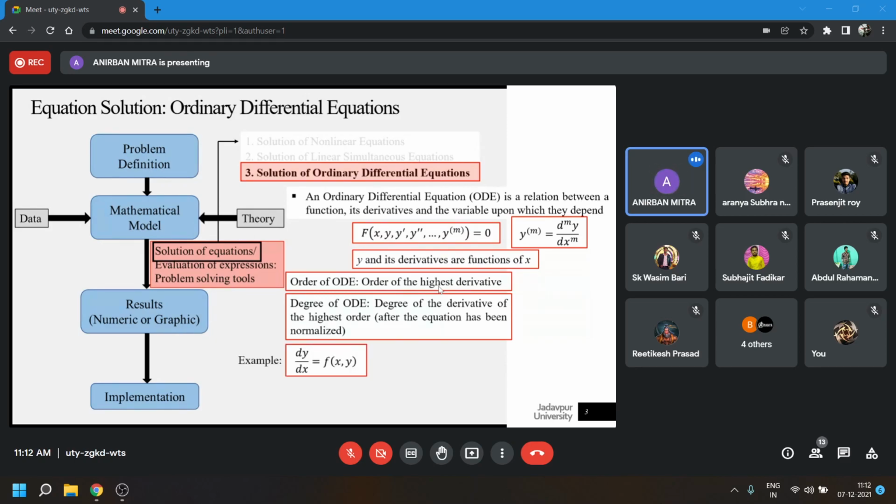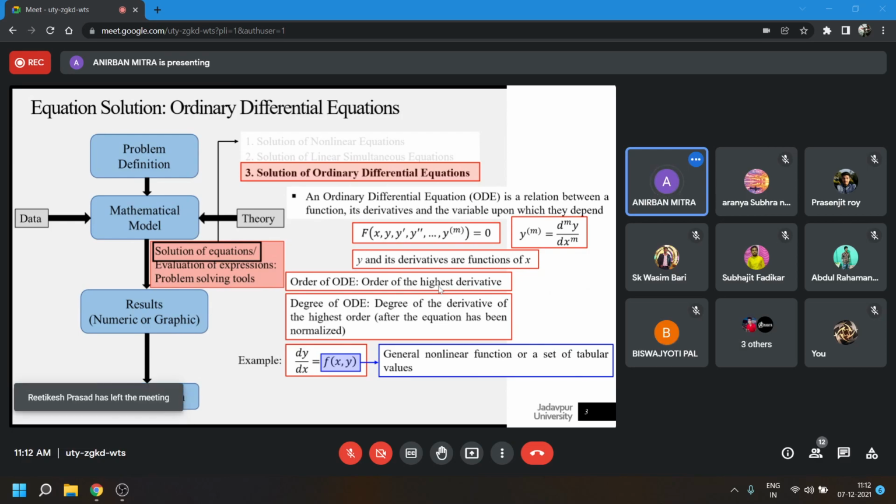For example, we can look at this equation, where dy/dx is given by f(x,y), which could be a general nonlinear function in x and y, or a set of tabular values. From our previous understanding, we know that functions can also be represented as tabular values, with discrete values of x and y.